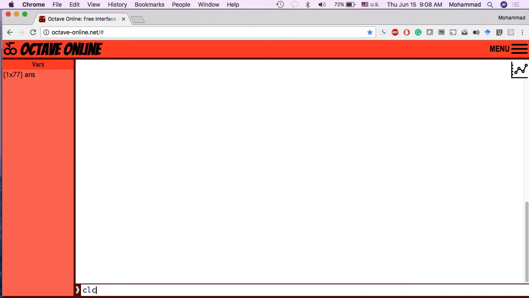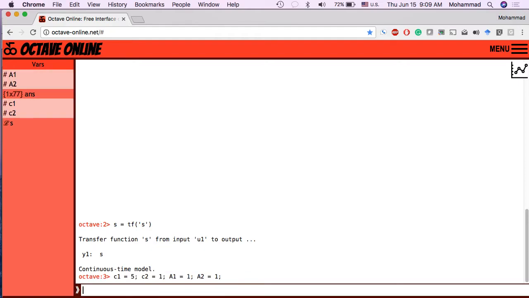So s is the transfer function variable again. And C1 is 5, C2 is 1, A1 is 1, and A2 is 1. These are the numbers that we decide to use.